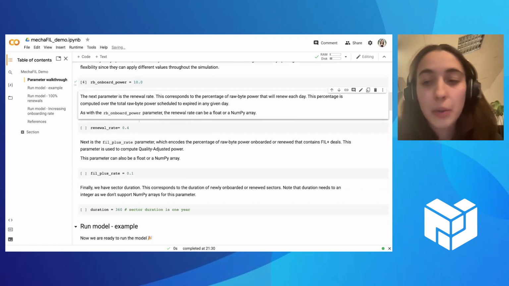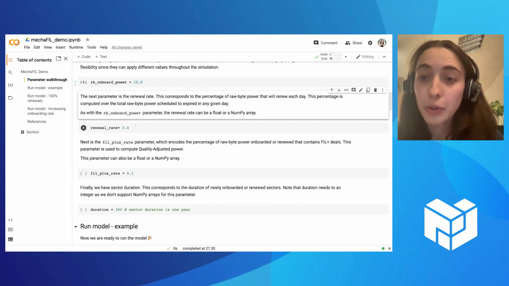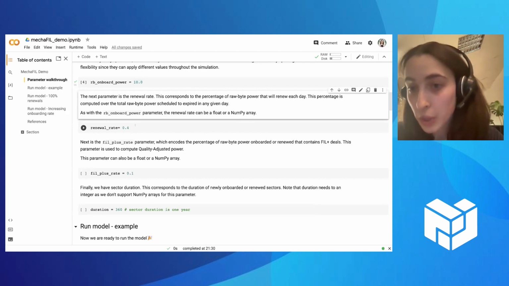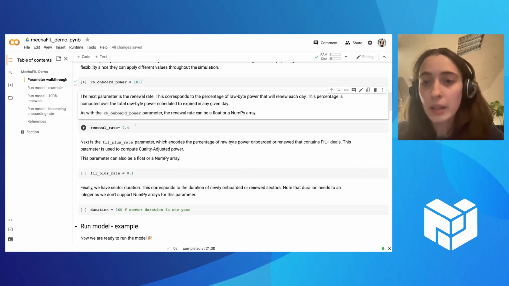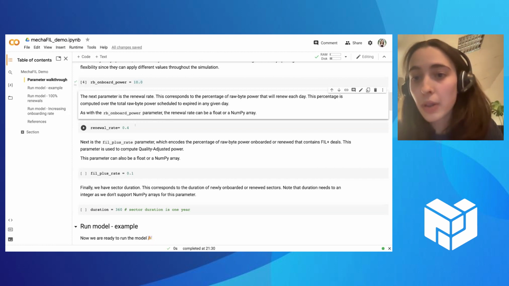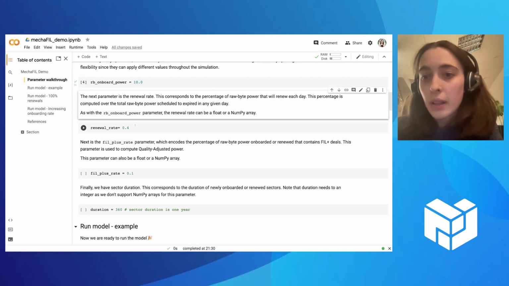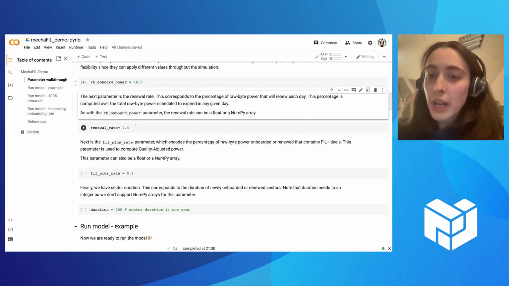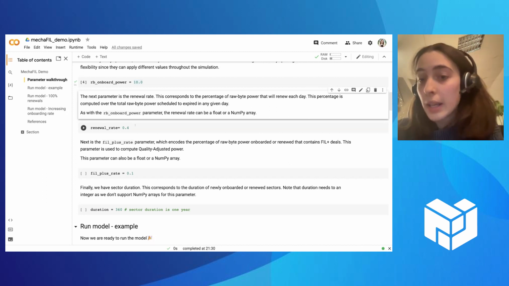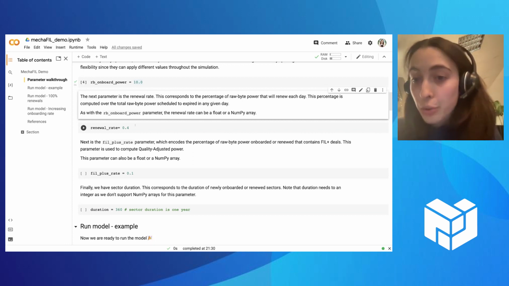The next one is the renewal rate. So this is the percentage of power that is scheduled to terminate that instead of terminating renews. So when a sector is onboarded in Filecoin, it has a period of time that is being committed. And when that period runs out, the storage provider has the option of just letting the sector expire, or they can renew the sector.